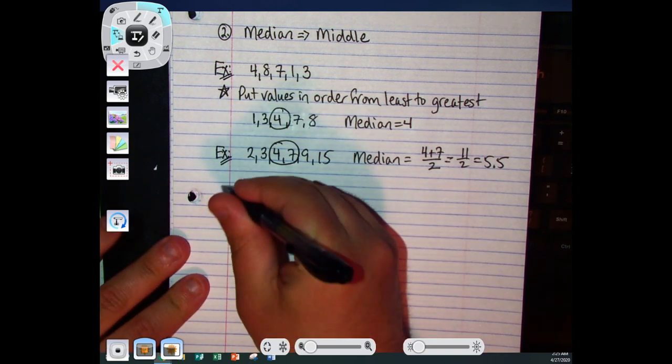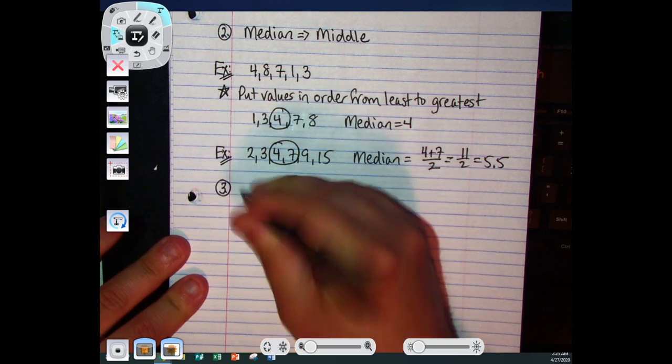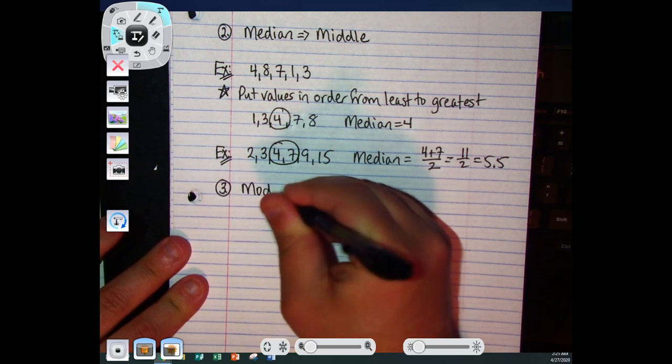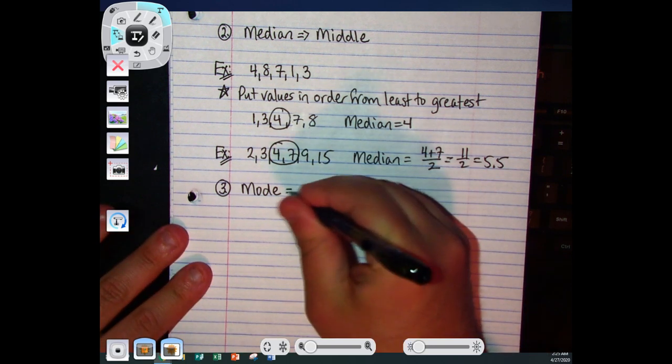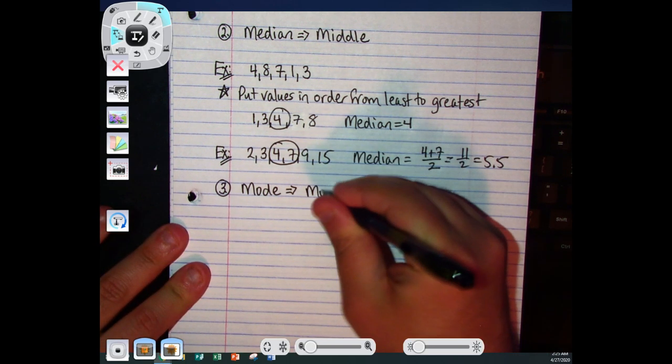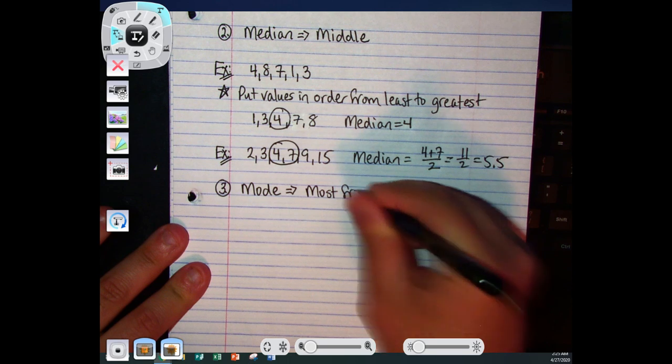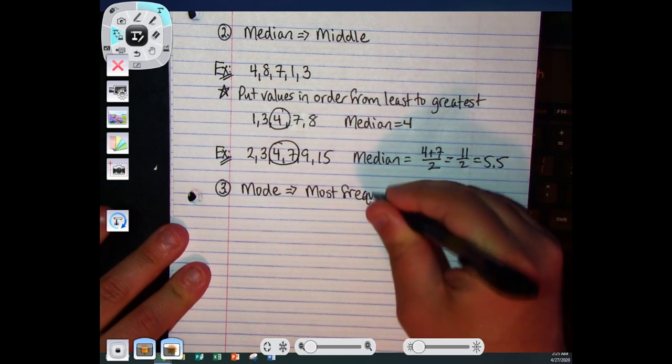Now, the third measure of center is the mode. The mode is the most frequent data value.